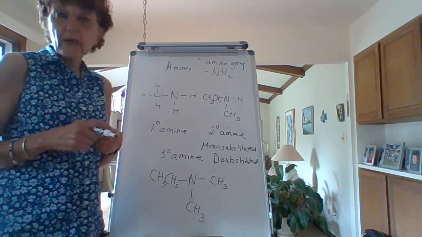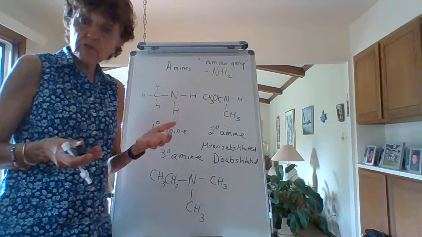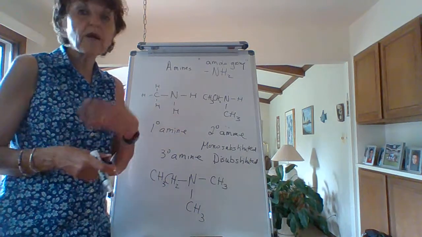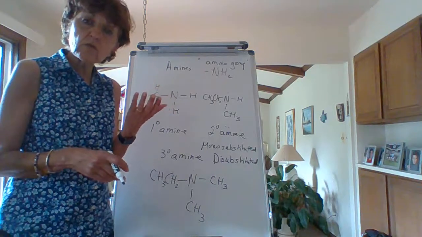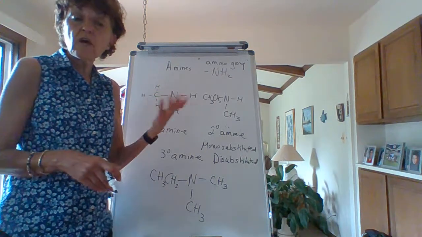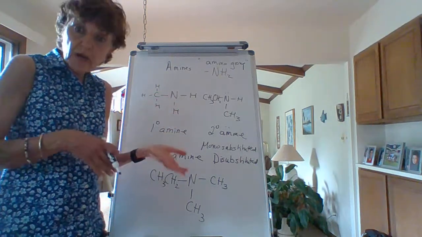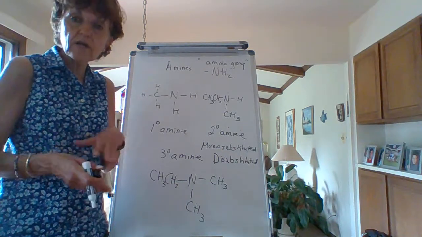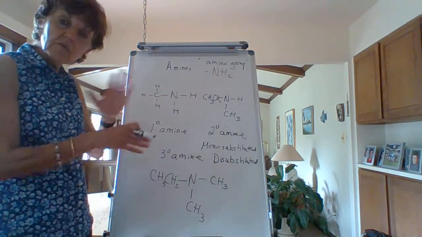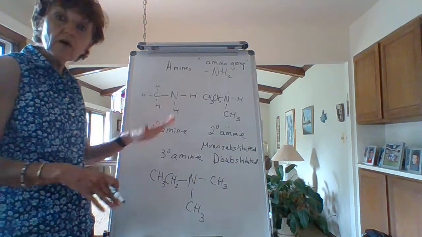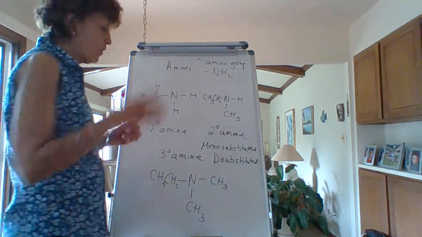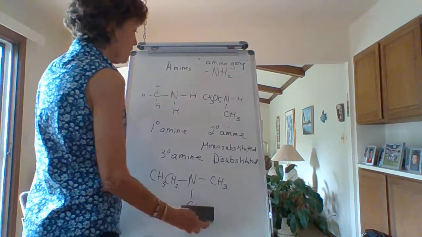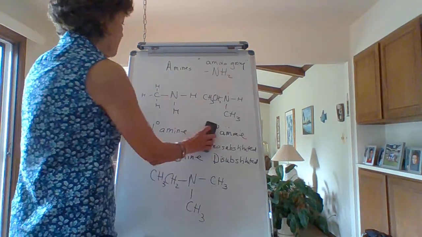You need to be able to recognize in a structure which one's a primary amine, which one's secondary, which one's tertiary. Sort of the way you did with the alcohols. You had to figure out if the structure had a primary alcohol, secondary alcohol, tertiary alcohol. Now you have to think of amines, but new terminology, because amines are named a little differently than the way we thought of the alcohols.